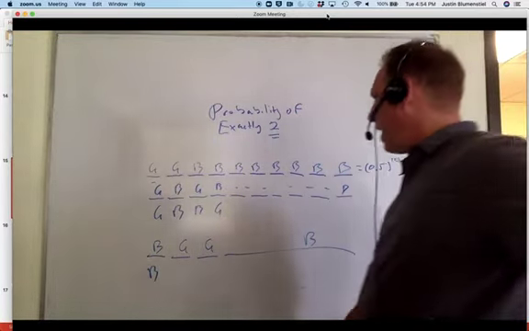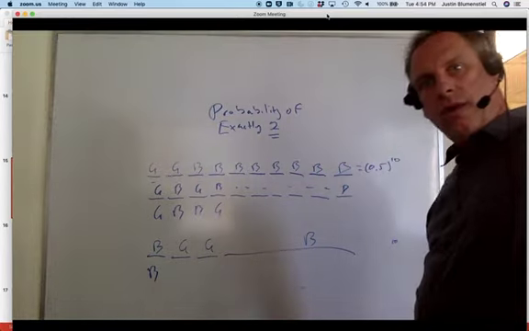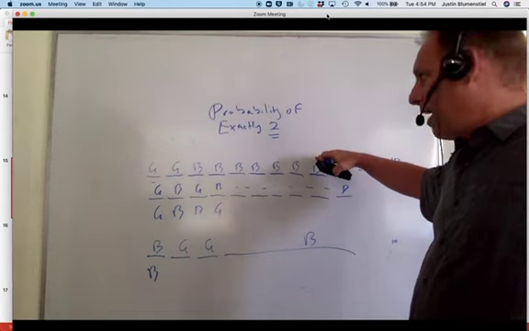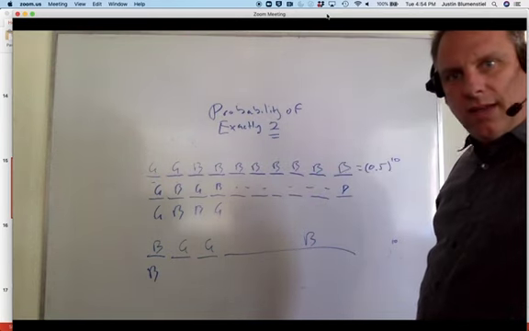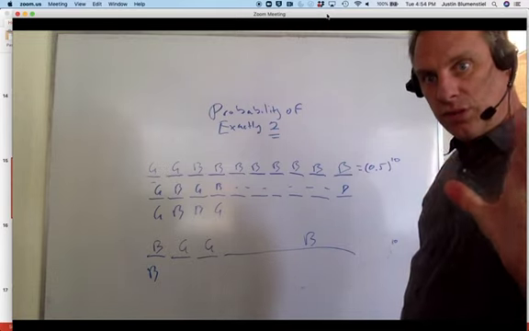All right? So how do you solve this problem? Okay, now clearly if you spent some time, you could tabulate all the ways in which there are exactly 2 girls. Right? You could do that.